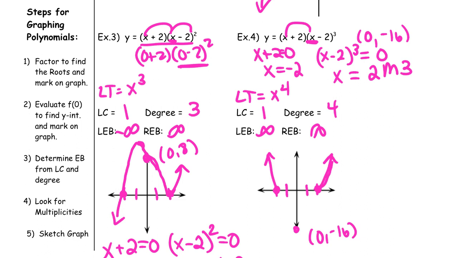At this root right here, it's going to flatten and cross. It's going to come down, and then it's going to go up, because you have to connect all of them.